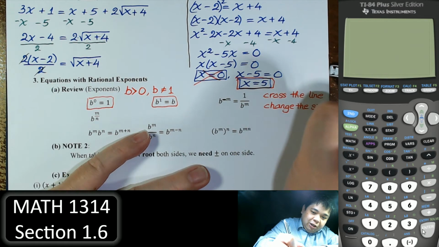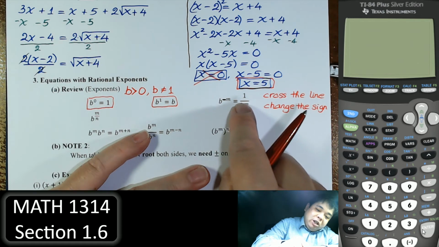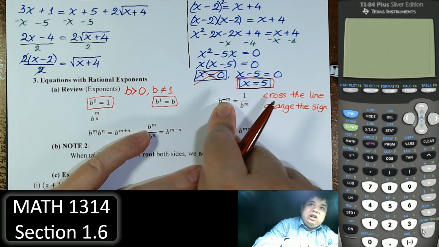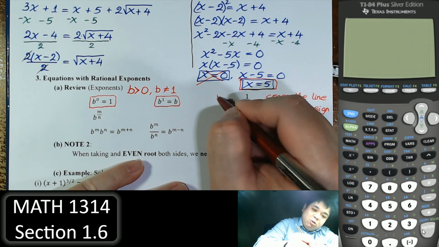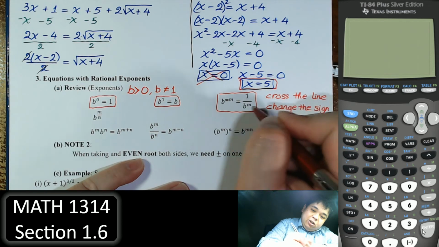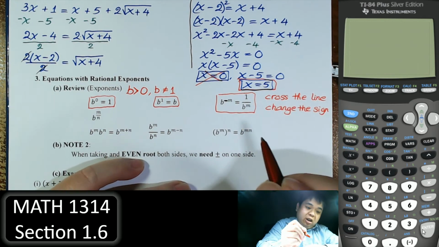Crossing the line, move B to the M from the bottom to the top, change the sign to negative. Right, that's what we have. Or change the sign so that we will cross the division line.